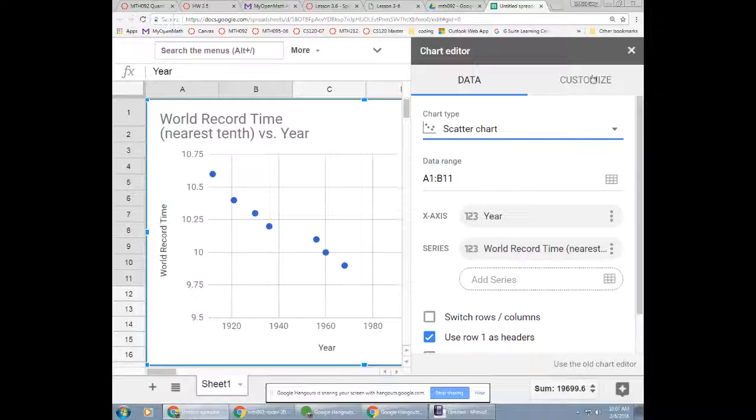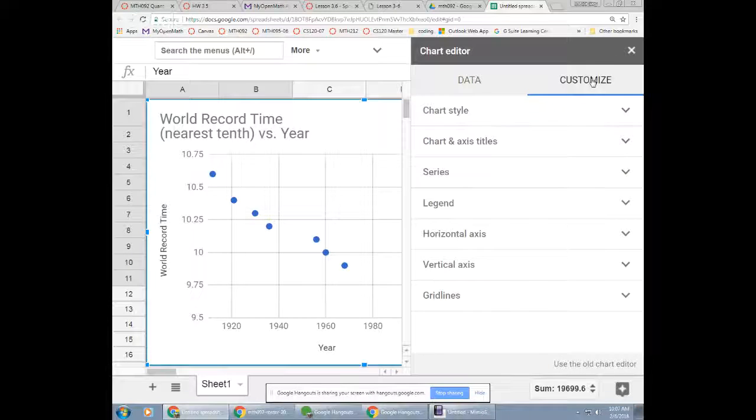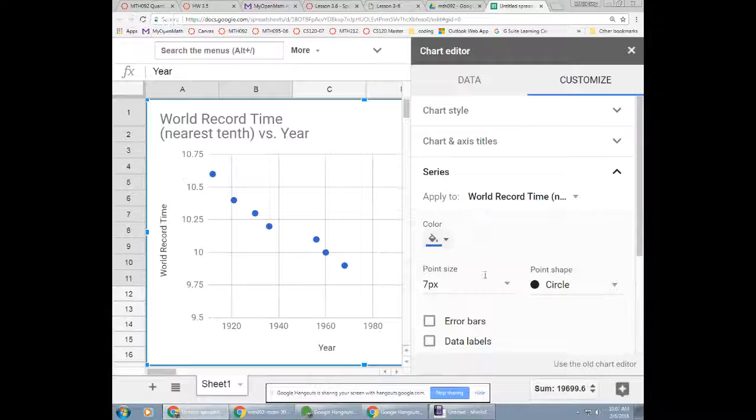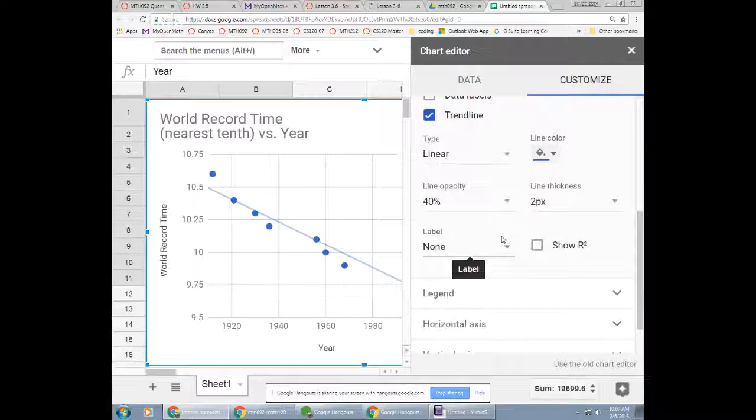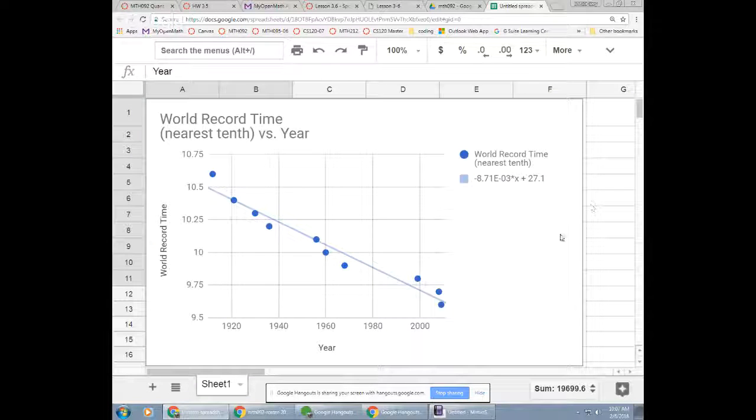Once I get that, I go to Customize, Series, and then I want to see a trend line. There's almost the exact same procedure for doing this in Excel. And then I want to show the label as an equation, and close it. So here, I get a little tiny number in scientific notation, which we talked about a long time ago.